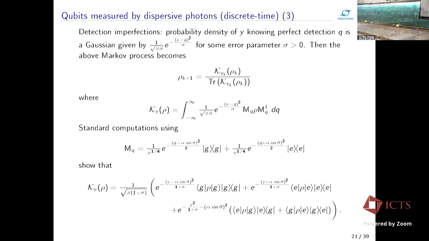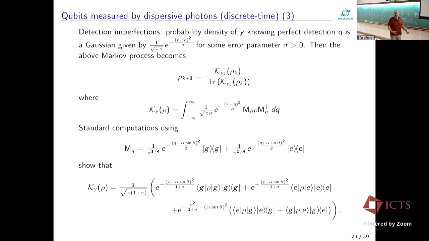This takes into account the fact that your measurement is not very precise, but it is correlated to q. So here it is classical probability, and the partial cross map here is just the sum of this guy, nothing else.